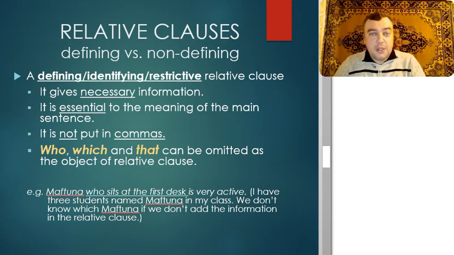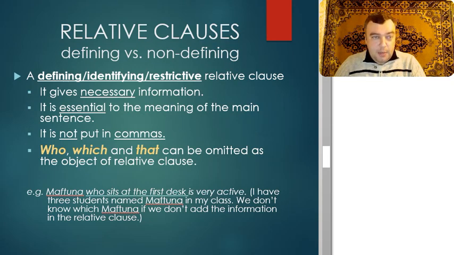So the information that is contained in the relative clause cannot be omitted. So the sentence will be semantically incomplete, will have an incomplete meaning in this situation. It is not put in commas. So in case of a defining relative clause, there is no comma before the relative pronoun that begins it, and no comma at the end of the relative clause to close it. So you just don't need to use any punctuation and the sentence would remain correct.